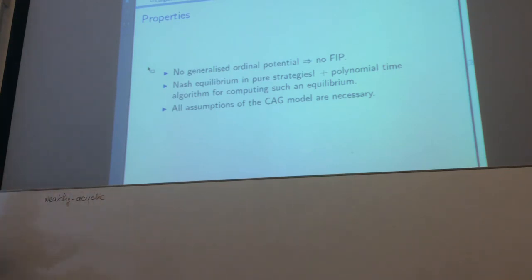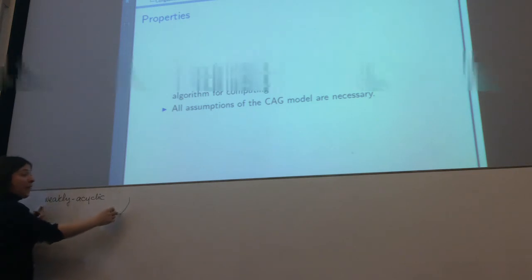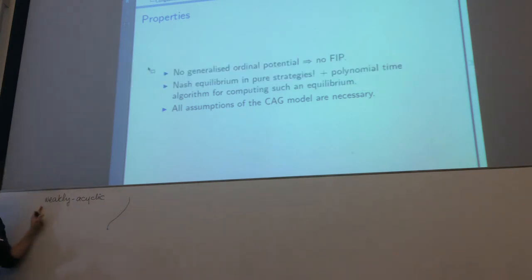Any better response dynamics or best response dynamics may cycle and not lead to an equilibrium, but there is some path that does lead to an equilibrium, and more than that, in polynomial time. Okay, that's good.